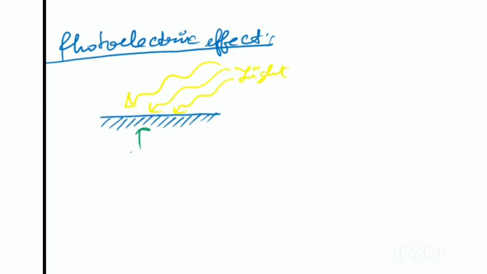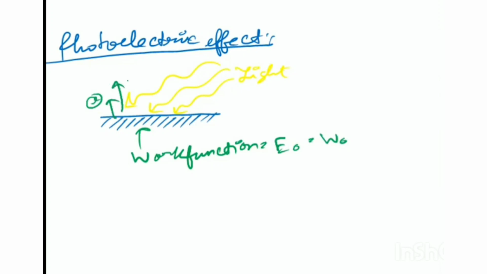This metal has a particular energy or work function, that is our E naught, or we can say W naught. If the light energy exceeds that, then electrons come out of it like this. So these electrons must have kinetic energy.